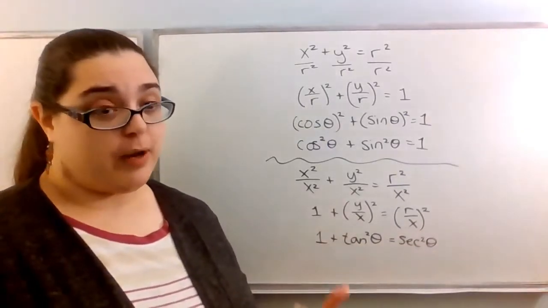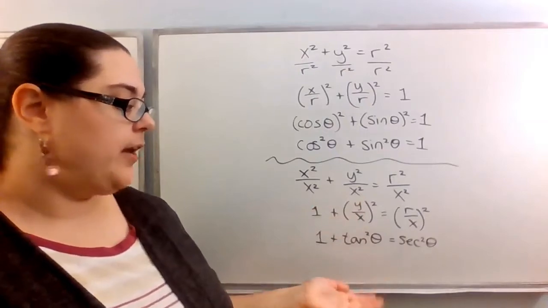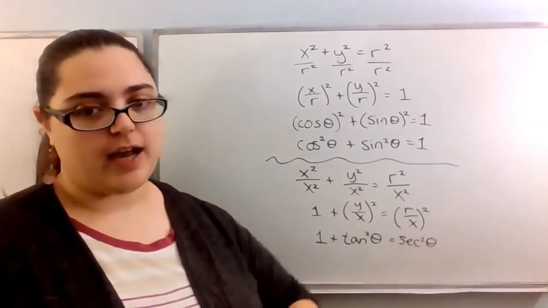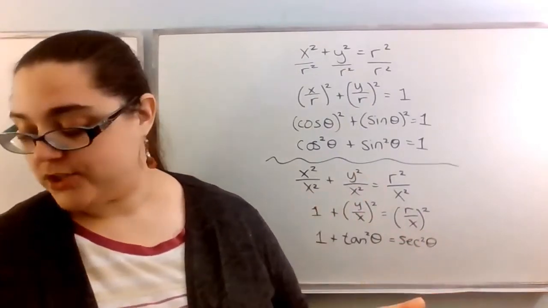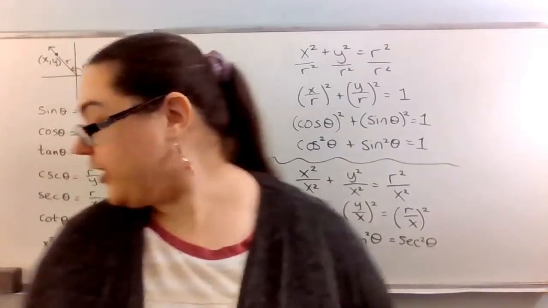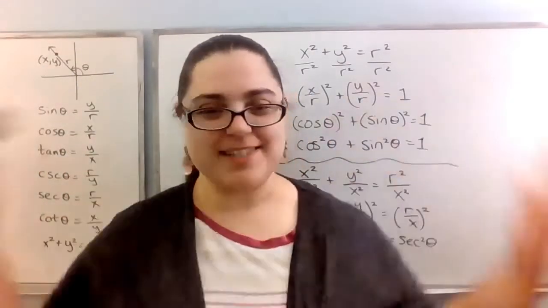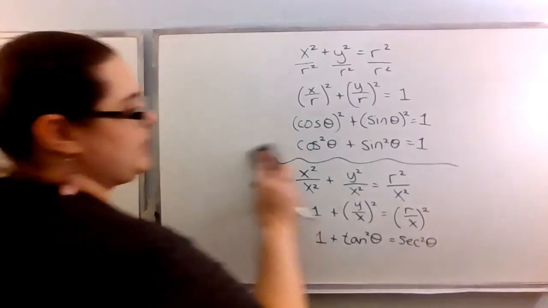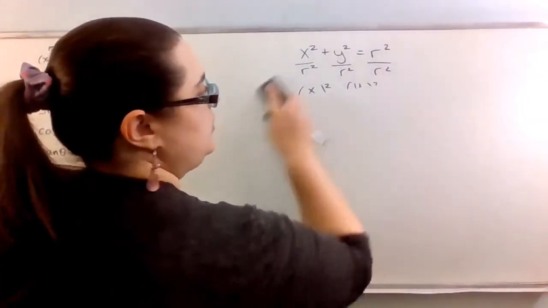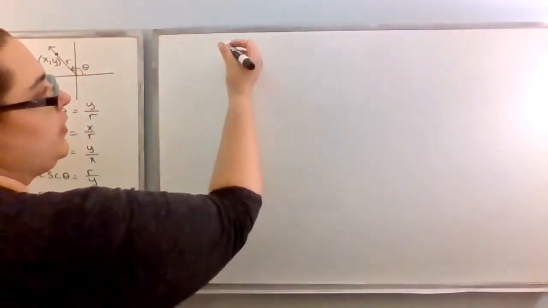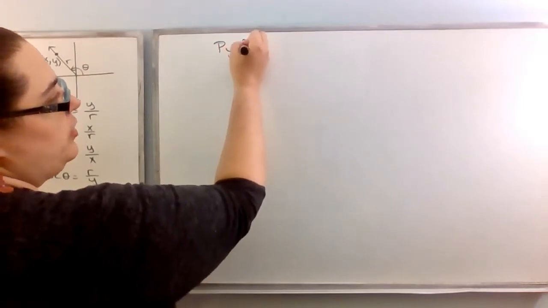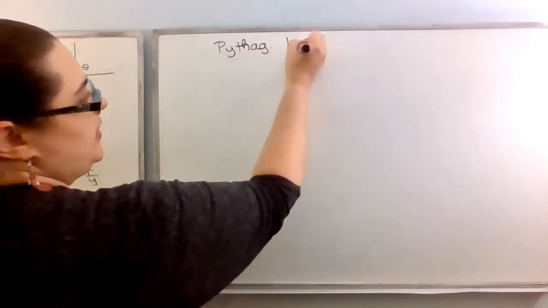And if we had divided by y instead, or y squared instead, we would have gotten an identity that's got cosecant and cotangent. So let's find my eraser, erase these, and summarize the Pythagorean identities.